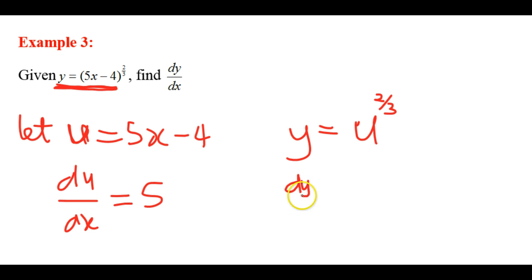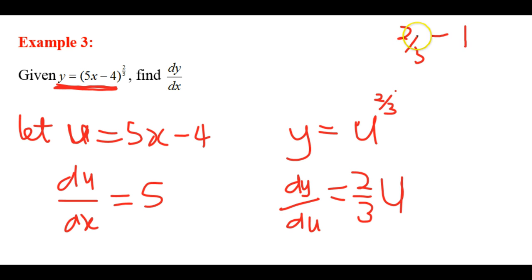And then we differentiate y with respect to u, and it's the power rule we are going to apply. So we multiply everything here to give you 2 on 3. Then we subtract 1 from the exponent. So we have 2 on 3 less 1, that will be negative 1 on 3. Yeah, you find the LCM of this one, and this is what you get.